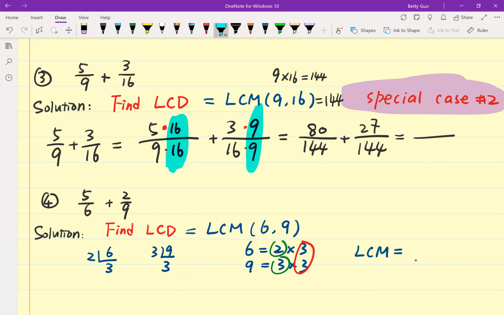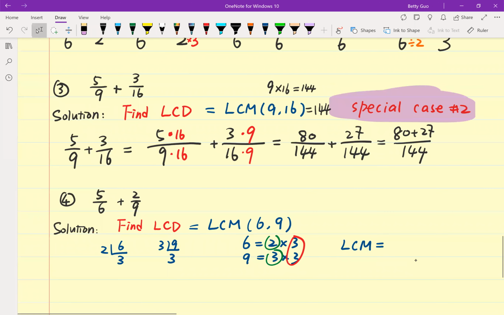Because the least common denominator is the product of the two denominators, since they are mutually prime. Now they have the same denominator. You can keep the bottom and solve the top. Tell me what you have. What is 80 plus 27?